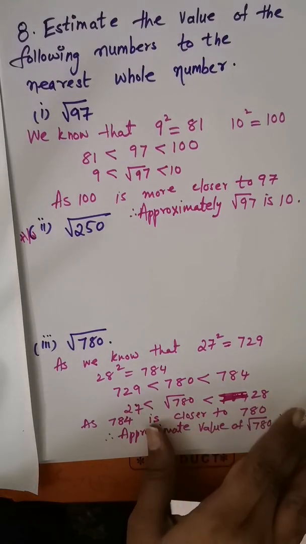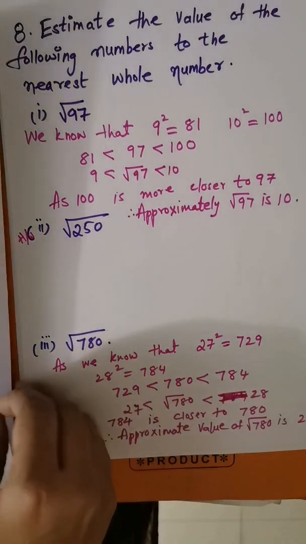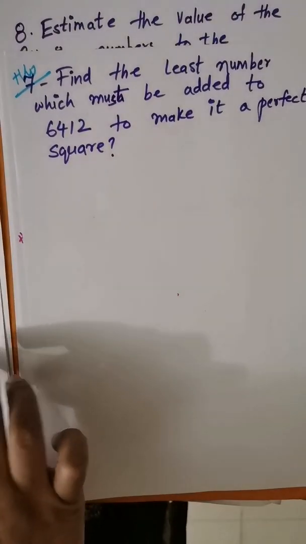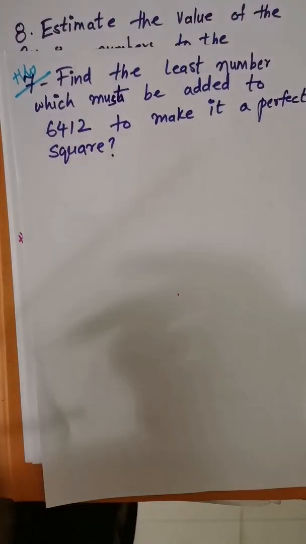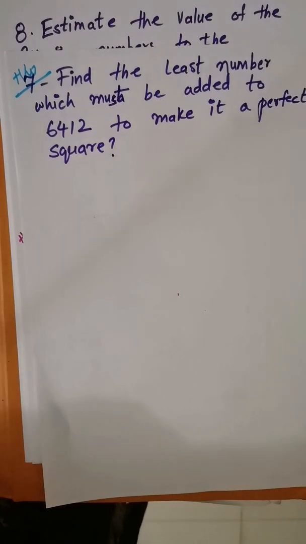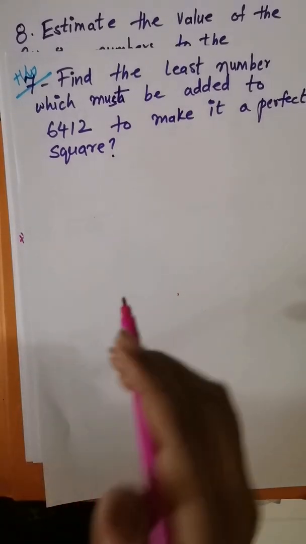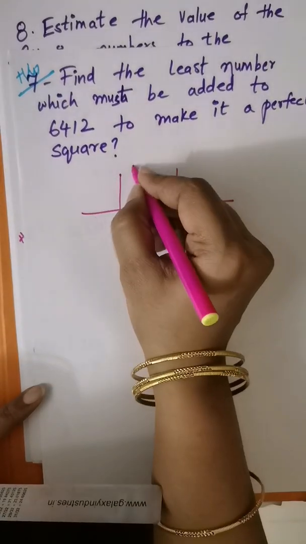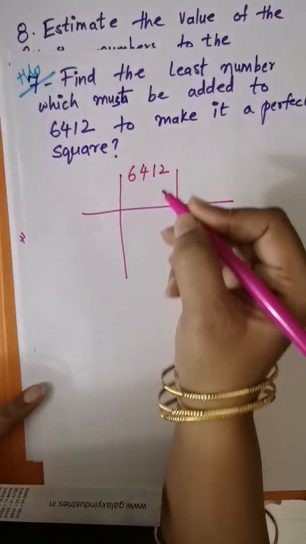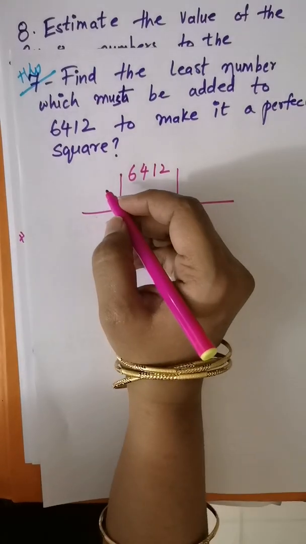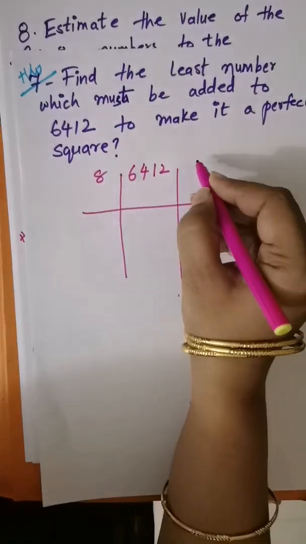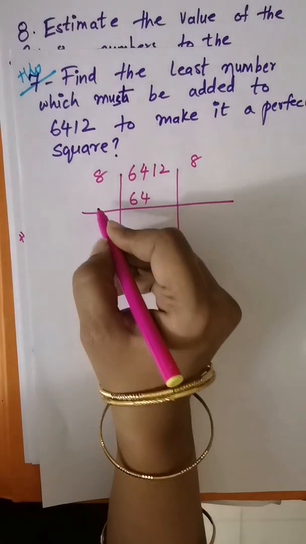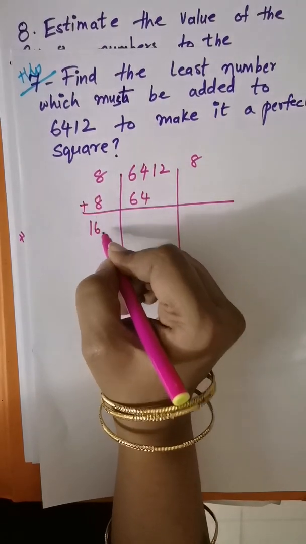Okay children, now here also the seventh one, find the least number which must be added to 6412 to make it a perfect square. Here also you have to find the square root. I'll do a little so that you can understand. Okay, 64 means you can take 8 8s are 64. Now here you will double it, it will become 16.